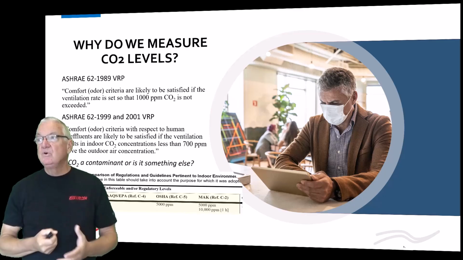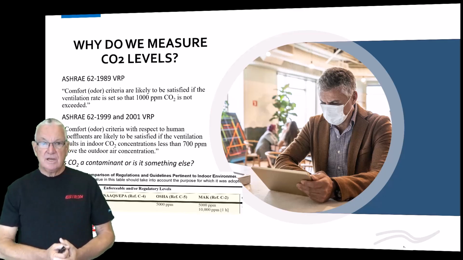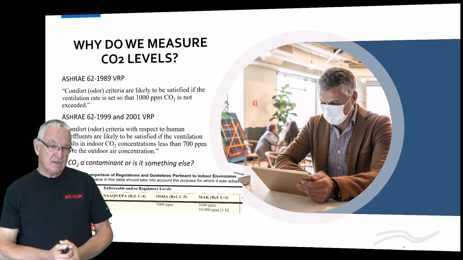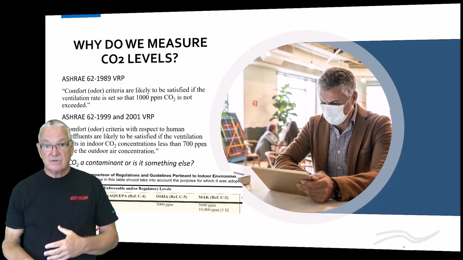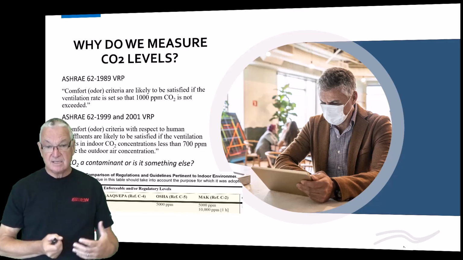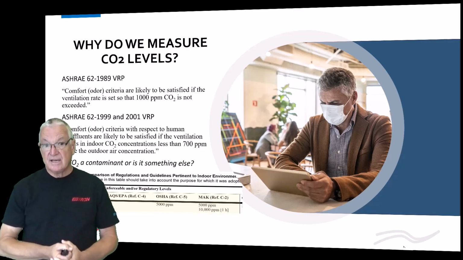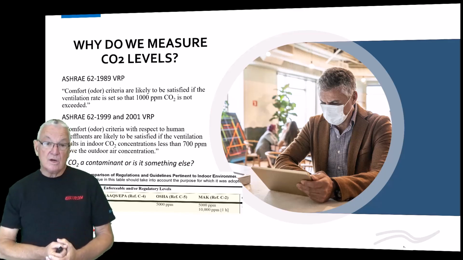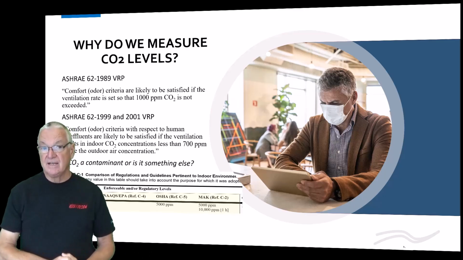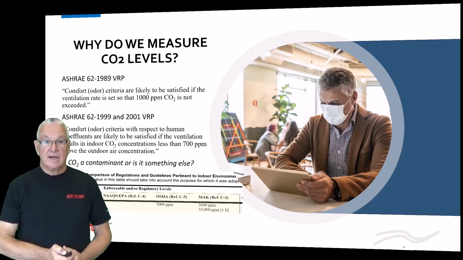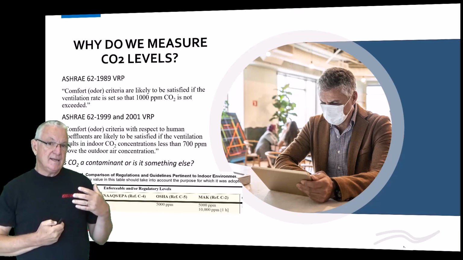That was removed in the 2022 standard because a lot of the air cleaning folks were reducing outdoor air so much that CO2 levels were getting considerably higher in buildings, so it was simply removed. It's not that it isn't still true, it's just you're not going to find it in the IAQP right now. Okay, so it's not a contaminant.